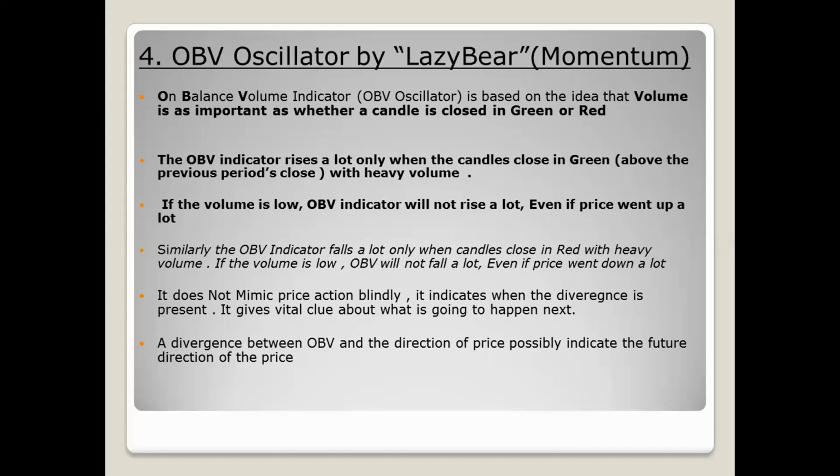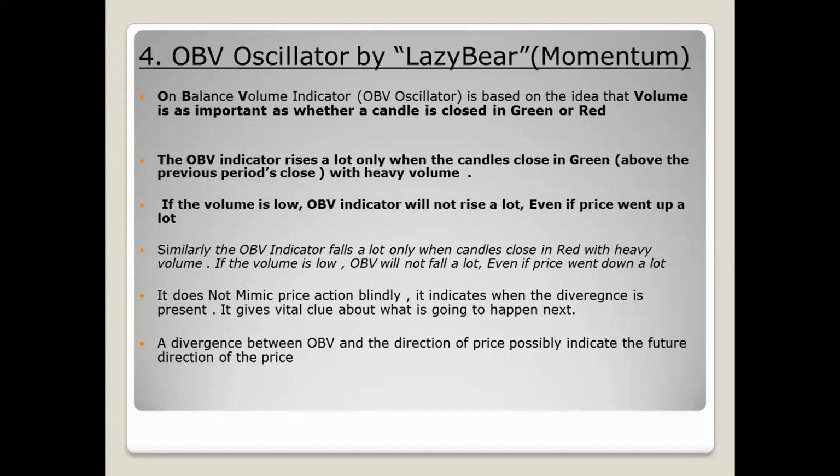And the next one is the On Balance Volume oscillator by Lazy Bear. This is a momentum indicator, a momentum oscillator. It's based on the idea that volume is as important as price movement. The volume is as important as whether a candle is closed in green or red.